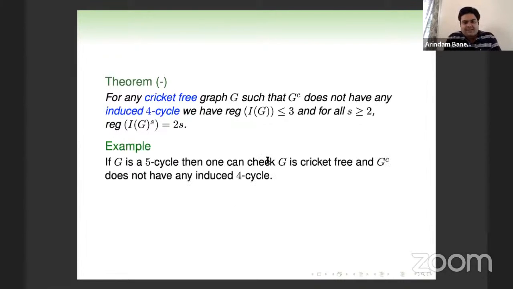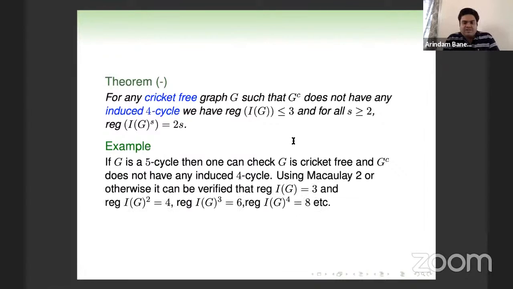If you have a 5-cycle, then one can check that it's cricket-free and the complement doesn't have any induced four-cycle. One can check that all its higher powers have linear resolution. By the way, the 5-cycle is such a simple graph, and one would imagine that people would know a formal proof that all higher powers have linear resolution. In fact, I couldn't find a single formal proof which says all higher powers have linear resolution.